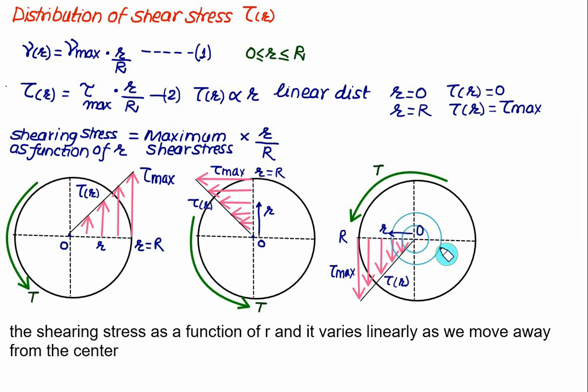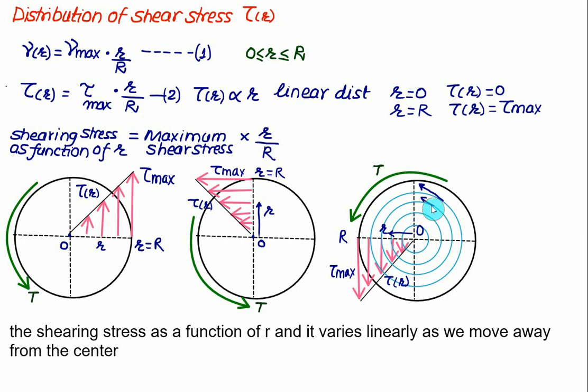So for any concentric circle, the value of the shear stress remains constant. To show the shear stress here, you can use any circle and just draw the tangent to represent the value of the shear stress. If you draw the tangent here, it will be the shear stress at radius equal to r, and the value will go on decreasing as you approach the center.